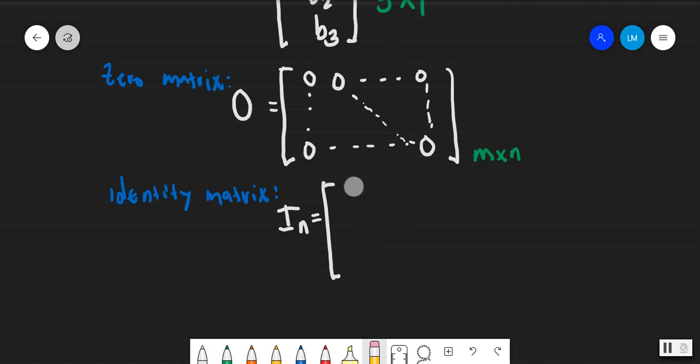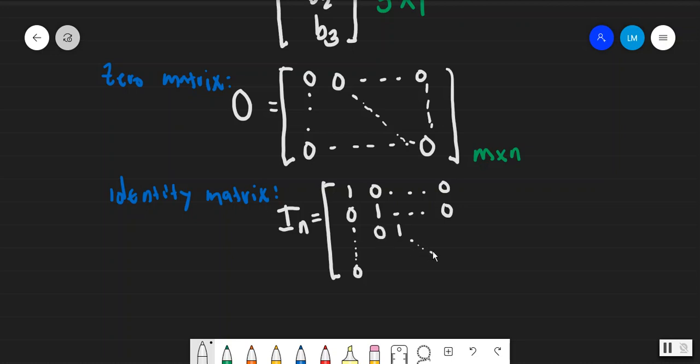It's a matrix that consists of entries like 1 and 0. So 1, 0, followed by 0, 0, 1, followed by 0. And then this would be a 0, and this would also be a 0, but then a 1.